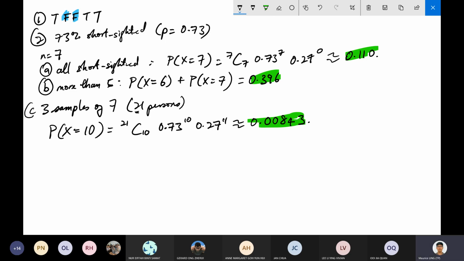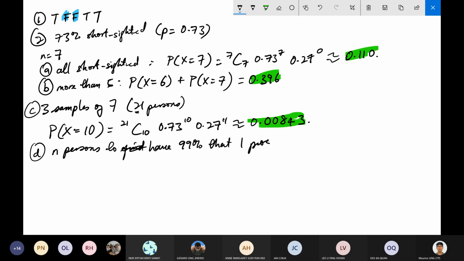This was question C, yeah. Question D, you are looking at a random number is selected. So you have n number of persons to find to have 99% that one person is short-sighted.